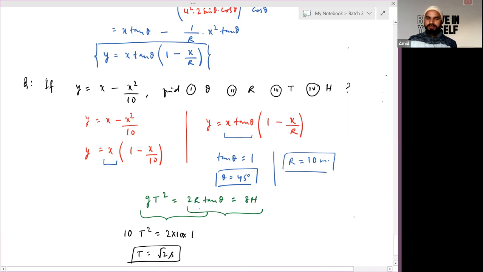Similarly, if you relate the last two terms, 2 times r tan 45, which is 1, is equal to 8 times h. So h will be equal to 20 divided by 8. So it will be 2.5 meters.